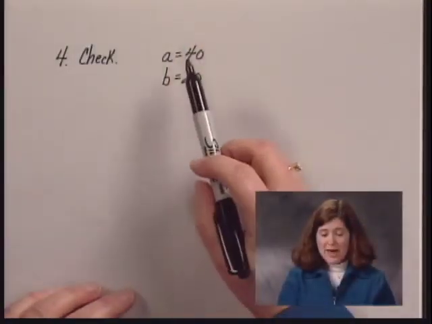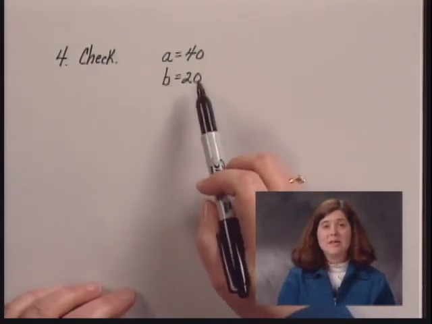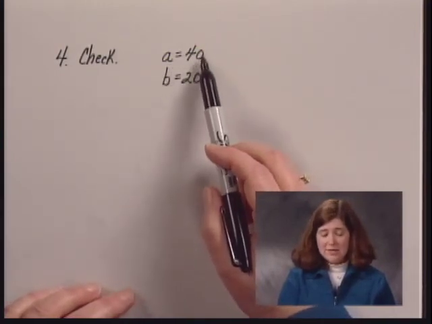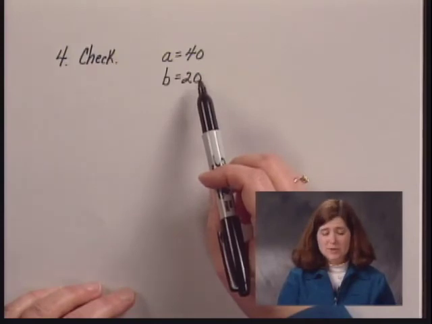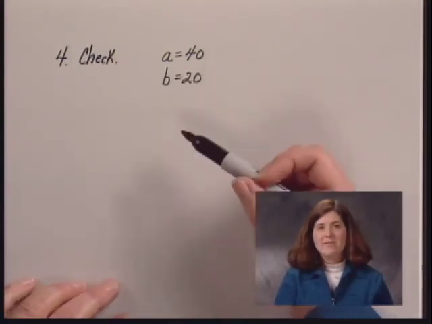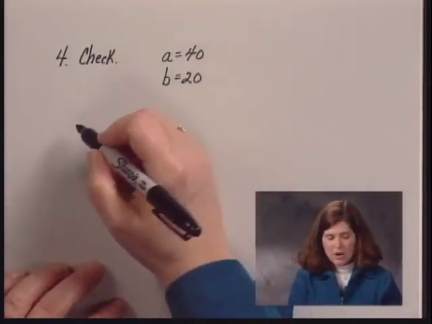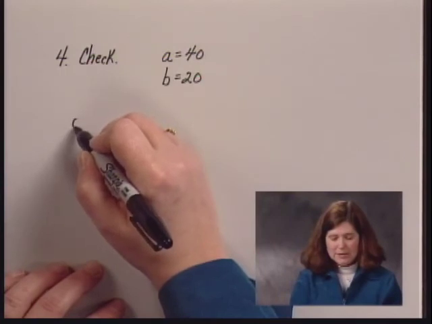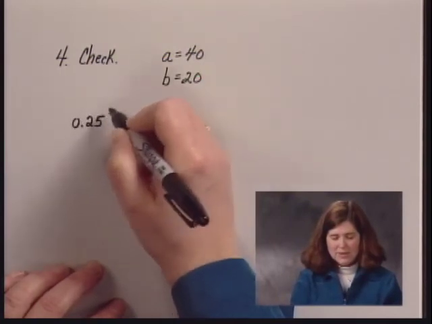Now we will check those possible solutions as step 4. We have that A is 40 and B is 20, and we can see that we would get 60 liters of the solution. Will it be the right amount of acid? Well, as you recall, 25% of solution A was acid.